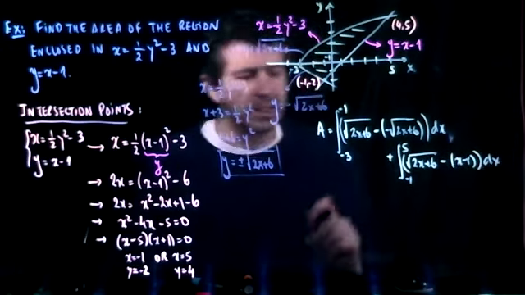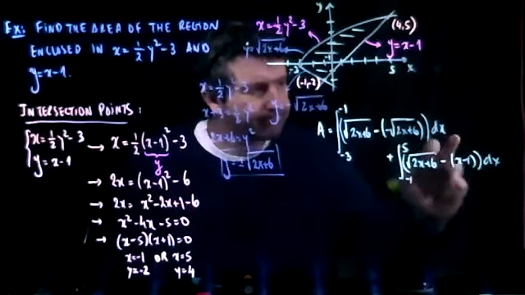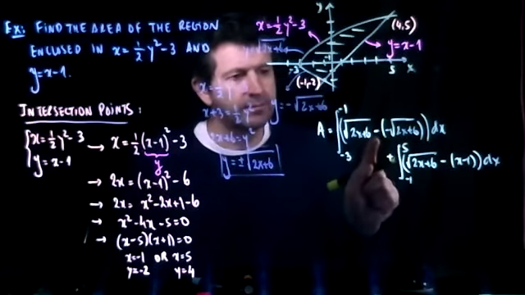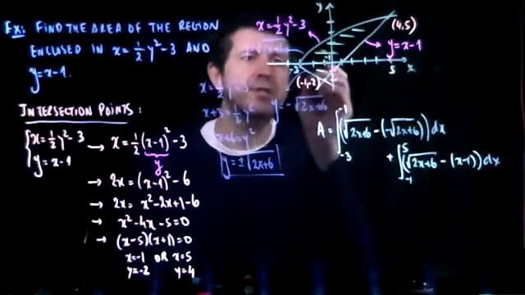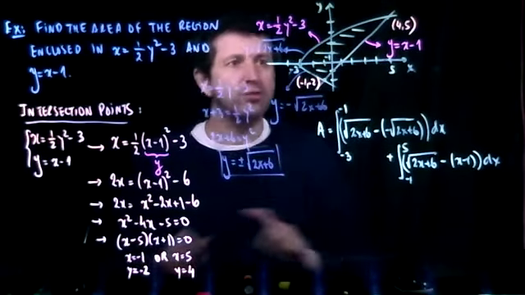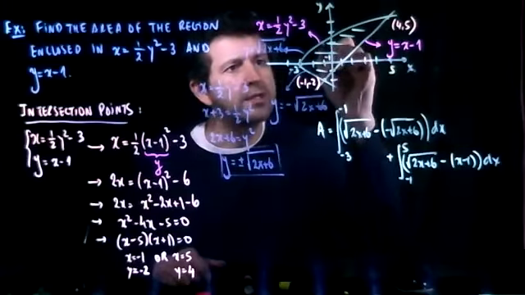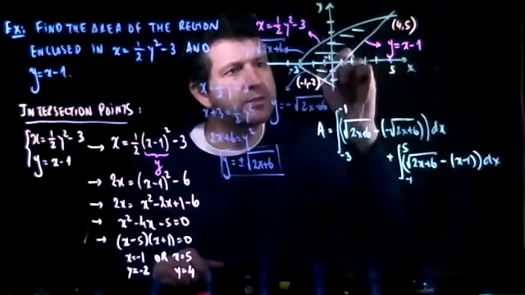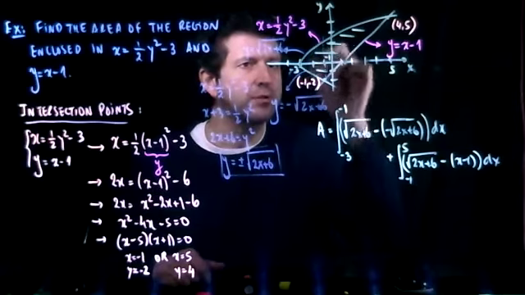Sir? Yes? I'm not sure I get the first part. This part here? Yeah. Okay. Did you understand that I'm dividing into two regions? One is from -3 until -1, which is this region here.